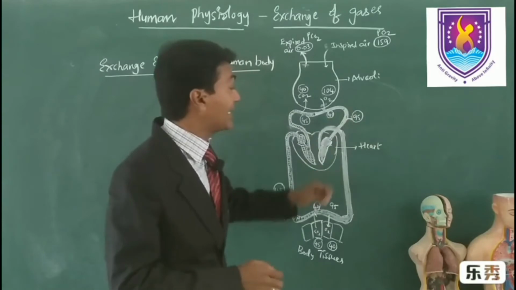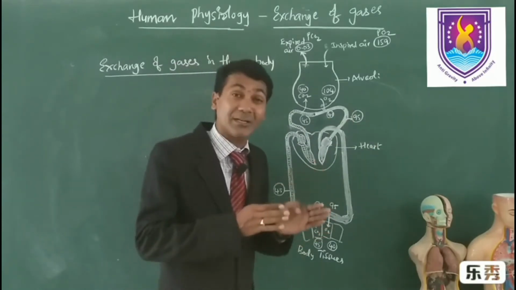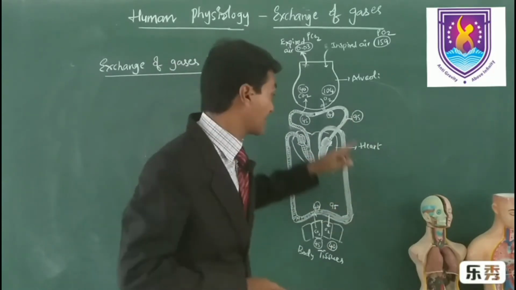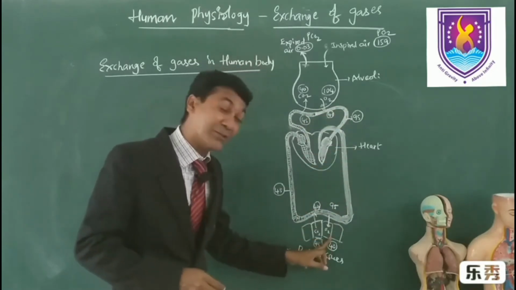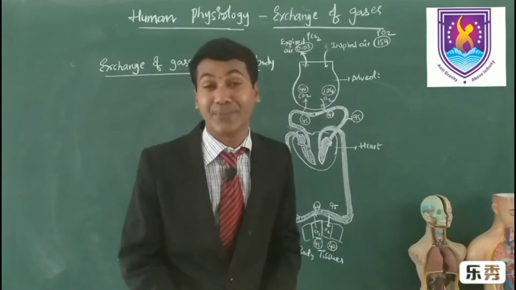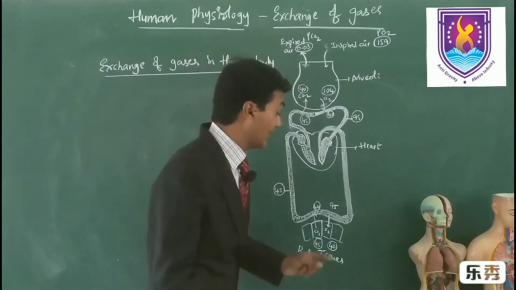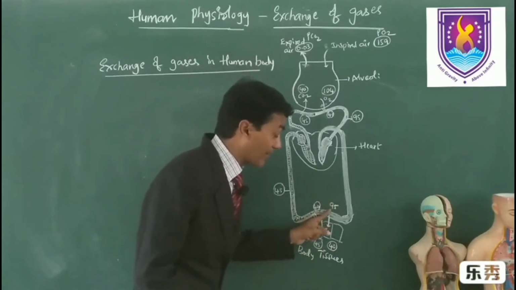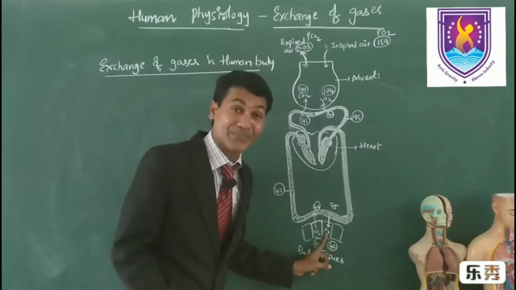When this blood reaches the tissues, which possess only 40 mm of Hg pressure of oxygen, obviously oxygen has to move from the capillaries to the tissues.